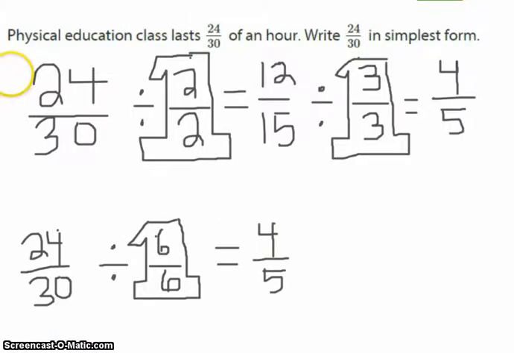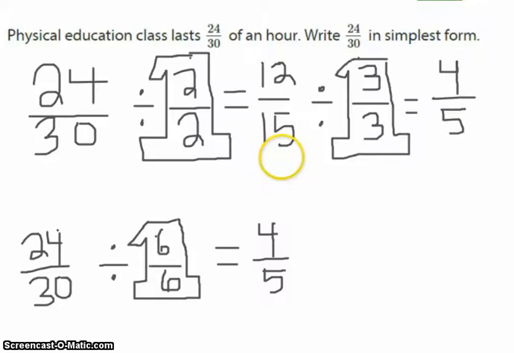Okay, so let's look at this last example. Physical education class lasts 24/30 of an hour. Write 24/30 in simplest form. So I've got 24/30, and I know that 2 is a factor of 24 and 30 because they're both even numbers. So I'm just going to start there. 24 divided by 2 equals 12, and 30 divided by 2 equals 15.